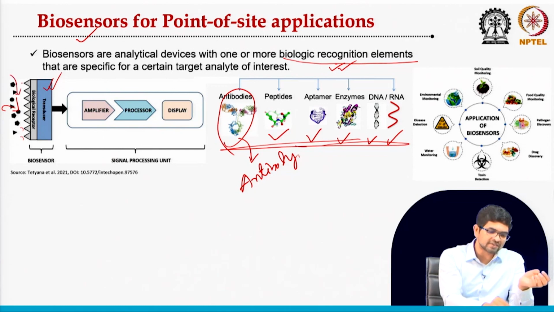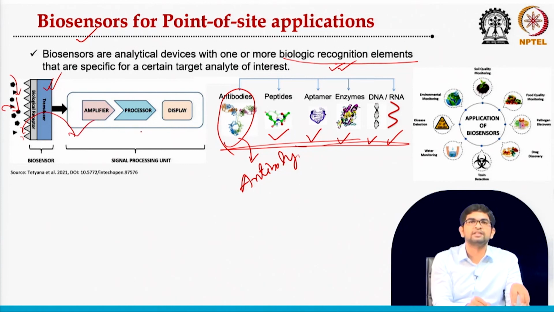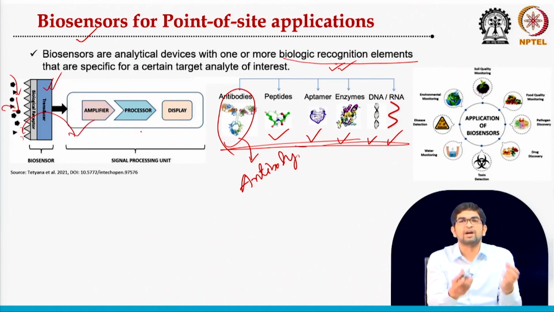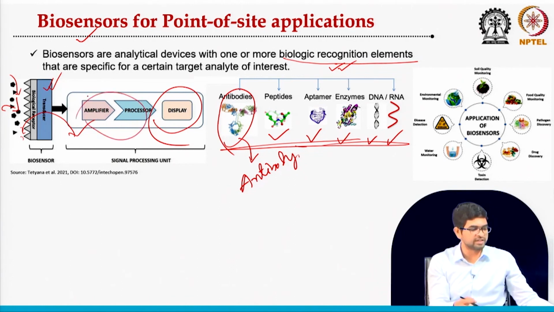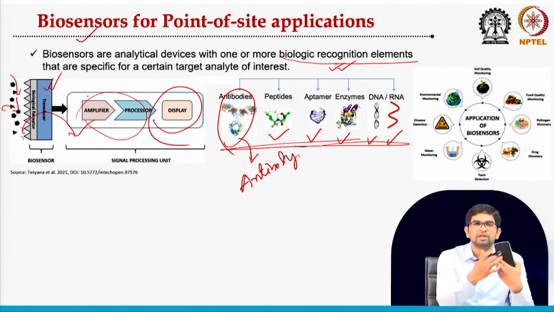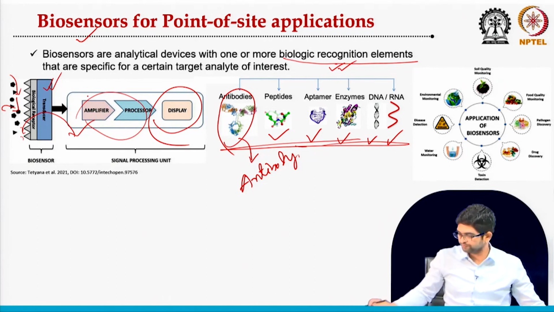Then we can apply some chemical here, and that chemical reaction we can convert to a signal, in the form of current or some charge. That current or charge we can amplify with a processor and amplifier, and then finally we need a display, like this mobile phone, where you can see the data, some value.